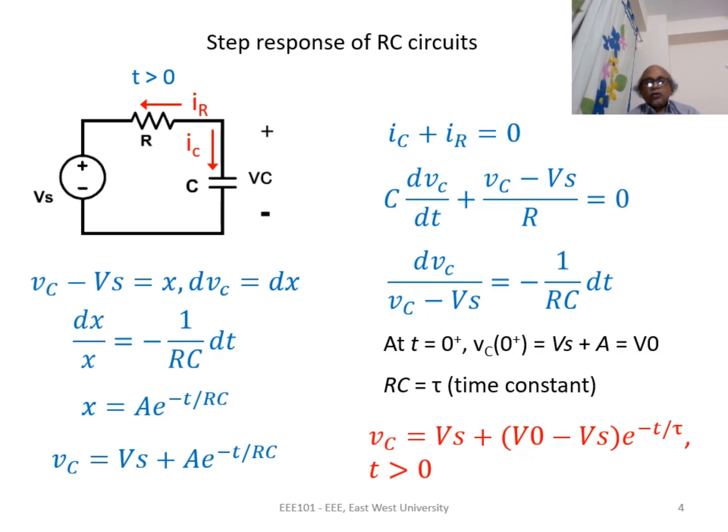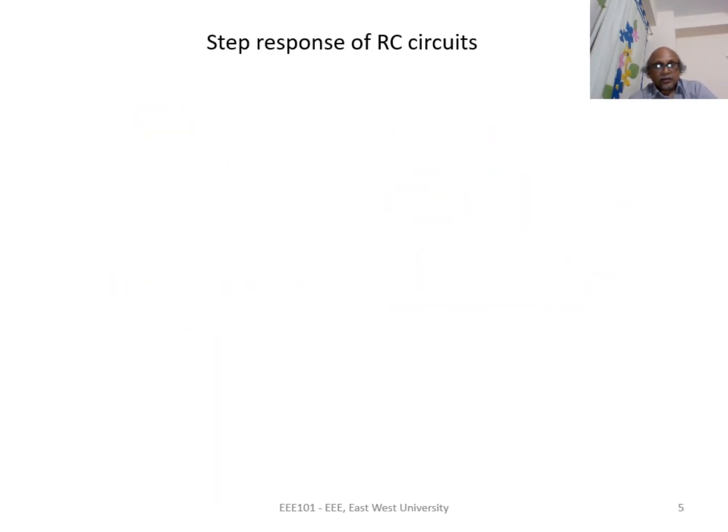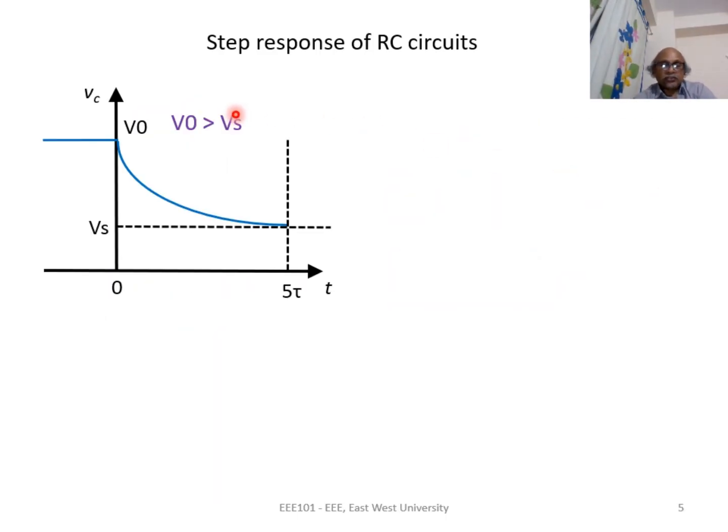Now we want to know how this function looks graphically. There are actually two possible ways this function can look like. Let's see one by one. We first consider the situation when the initial value V0 is greater than Vs. So for t less than 0, the capacitor voltage is constant at V0.